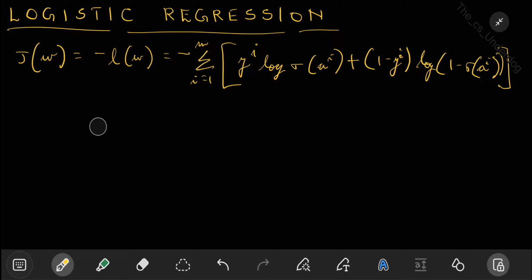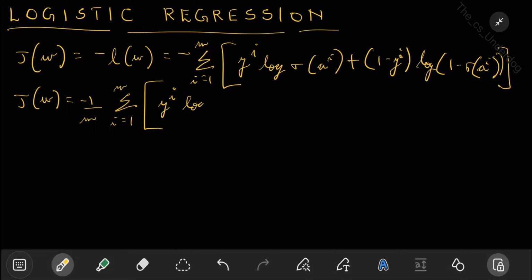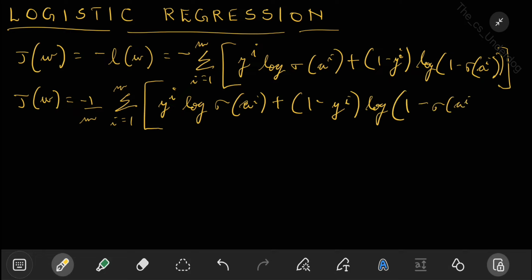So the modified J of W will be 1 by m into minus sigma i equal to 1 to m of yi log sigma of ai plus 1 minus yi log 1 minus sigma ai. This is what I am going to minimize. I'll erase this off.